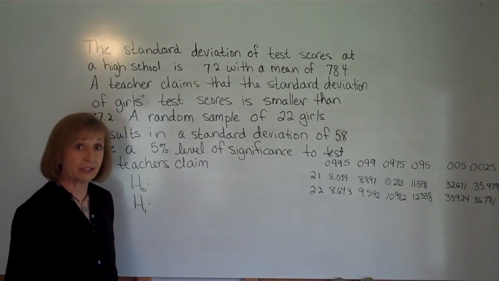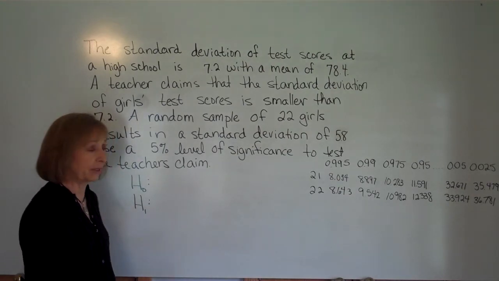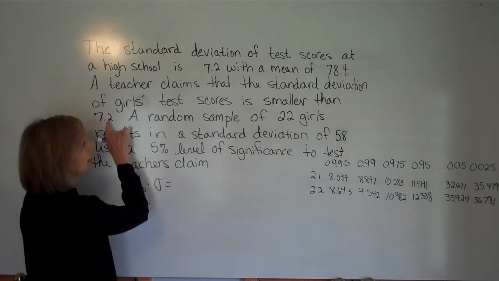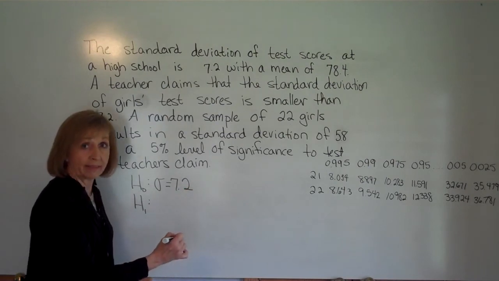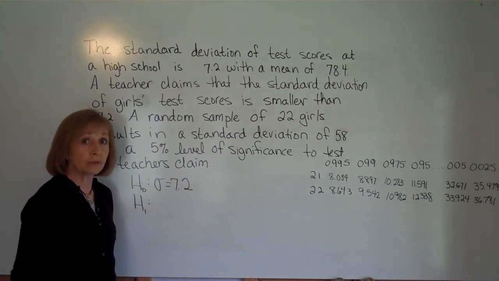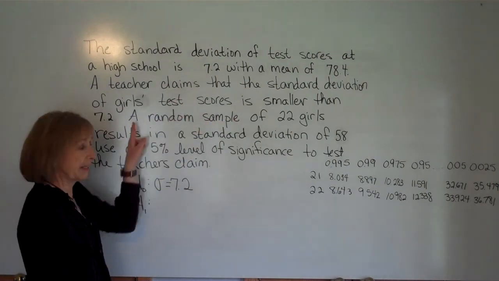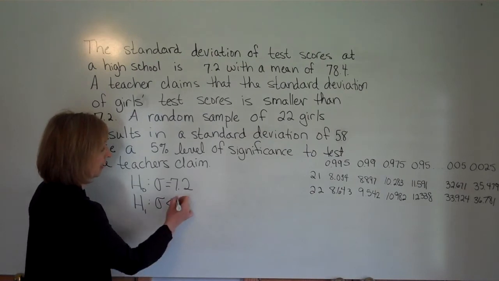It's the standard deviation, and the symbol for the standard deviation is lowercase sigma. So lowercase sigma is equal to 7.2 is my null hypothesis, and then the alternate goes along with which way we are from that. So smaller than 7.2 is saying that the standard deviation of the girls is smaller than 7.2.